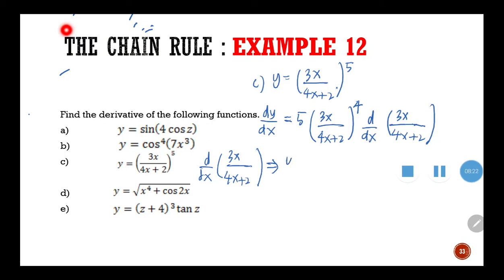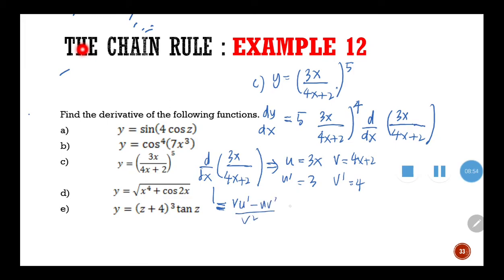So again, we use u equals 3x, so u prime is equals to 3. Then we have v equals to 4x plus 2, then v prime is equals to 4. So that's why from here the derivative will become, the formula is v u prime minus u v prime over v square.